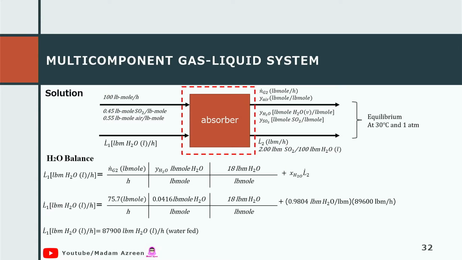And then we have to do a H2O balance, a water balance, because the question asks for the value of L1. So we do a balance: how much water comes in equals how much water goes out, in the two outlet streams here and here.